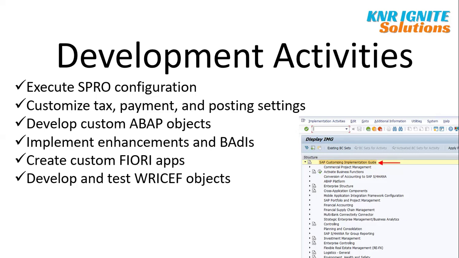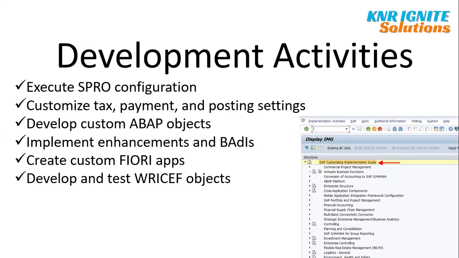So whenever we talk about RICEF, these are multiple objects as a part of your new implementation projects, or whether it is in a support project, depending on a business requirement, we receive a requirement. The same requirement will be analyzed and a proper object identified from RICEF objects, which one to implement. So based on that, as a consultant, we are going to prepare a functional specification document, write the logic in your functional specification document, and work with your ABAPer based on your FS.